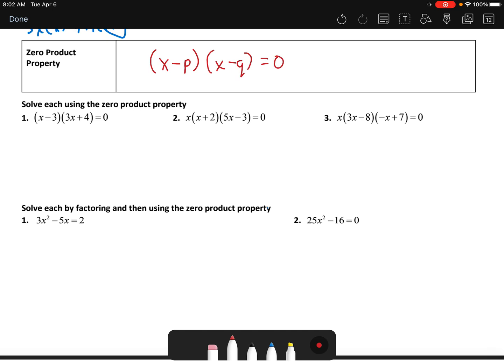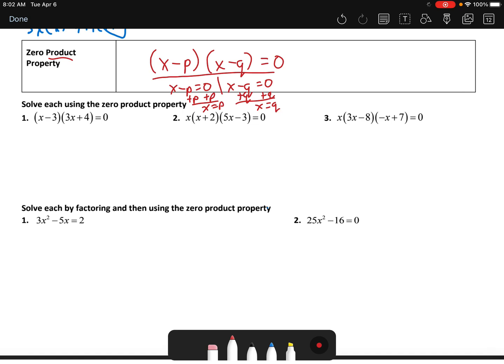So what we're going to do is set each factor equal to 0, because the only way to get 0 in a product is to have at least one of those be 0. So I'm going to add p to both sides, and x equals p. Add q to both sides, x equals q. So that is what we call the zero product property.